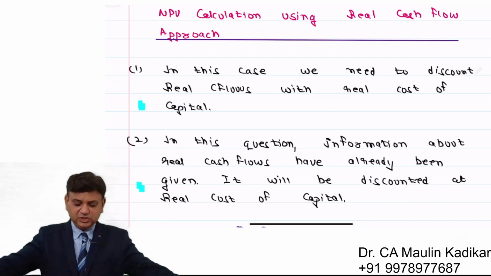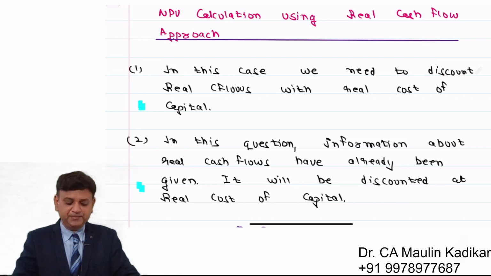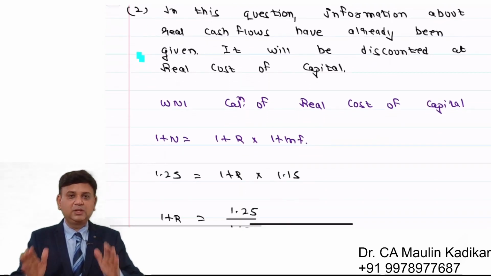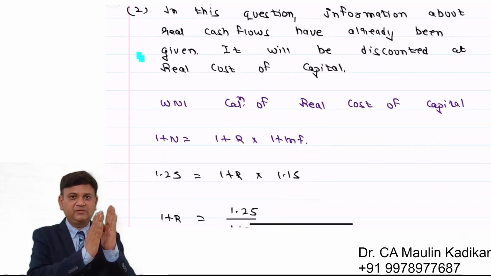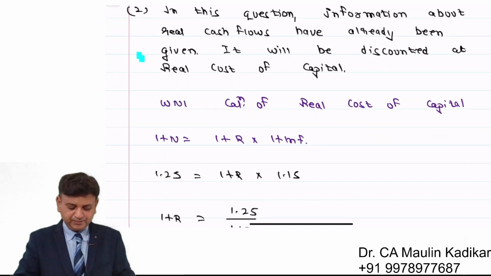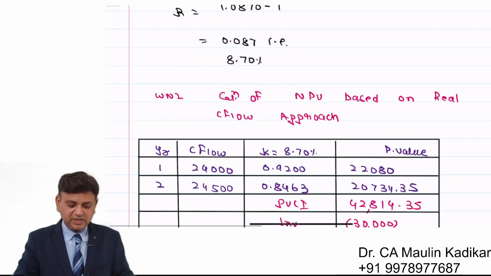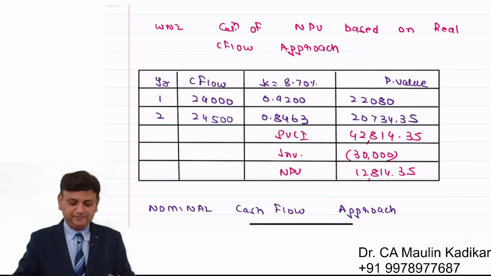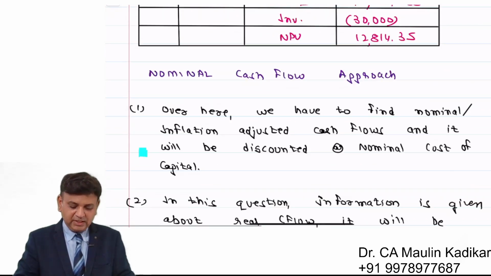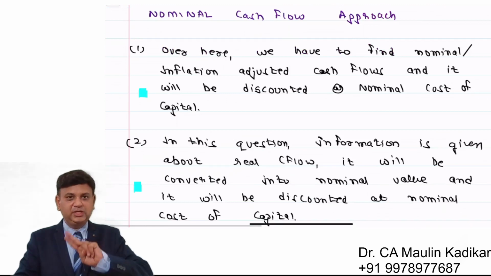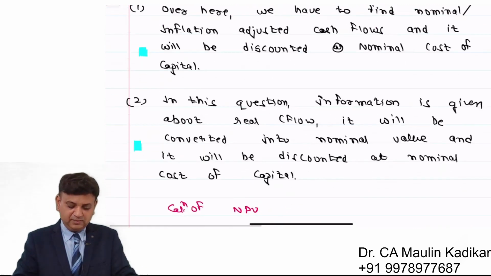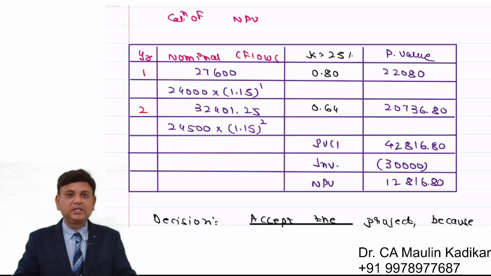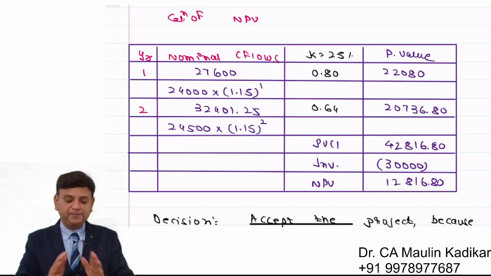In the real cash flow approach, real cash flows are discounted with the real cost of capital, so nominal cost of capital is converted into real cost of capital. In the nominal cash flow approach, real cash flows are converted into nominal terms and then discounted with the nominal cost of capital. This is the way the NPV is formed.